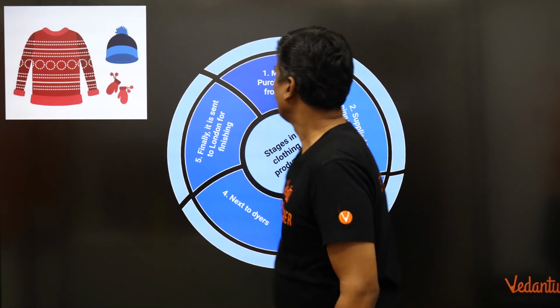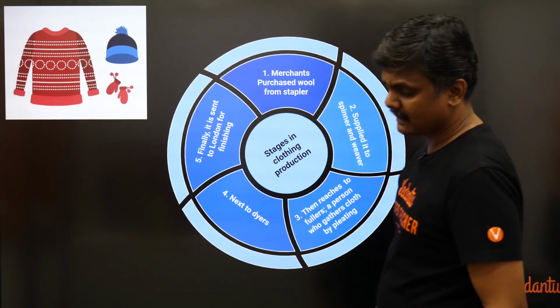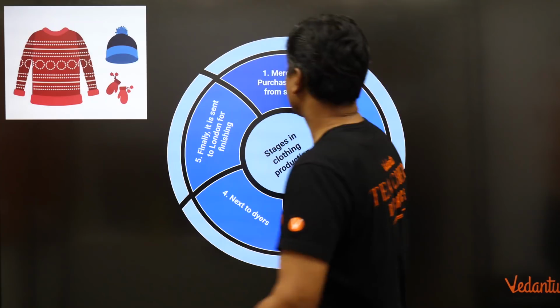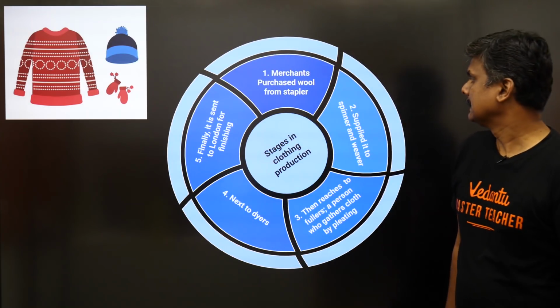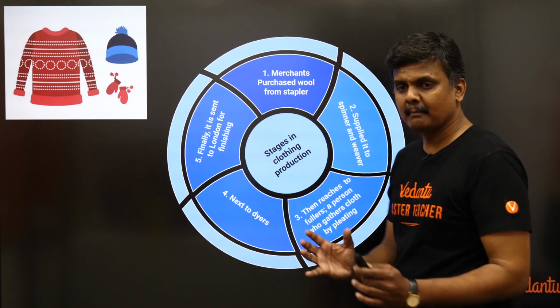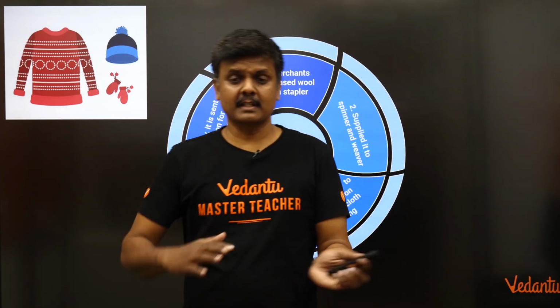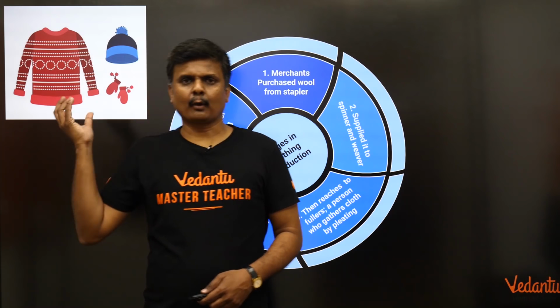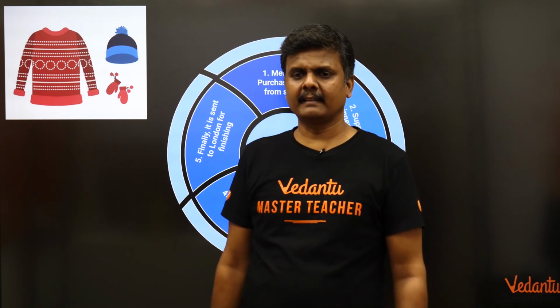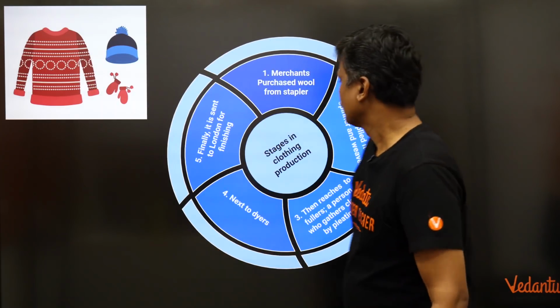Merchants started procuring the wool from staplers, then supplied it to spinners and weavers. These are two separate sets of people.